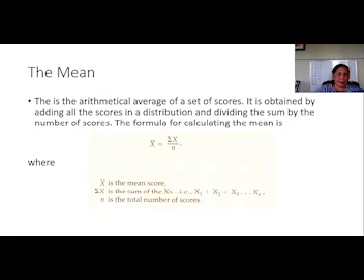Summation of all x's over n, the n being the number of scores. The x bar there is the symbol for the mean. So x bar, meaning the mean, is equal to summation of all x's or all cases or all scores divided by the total number of scores.